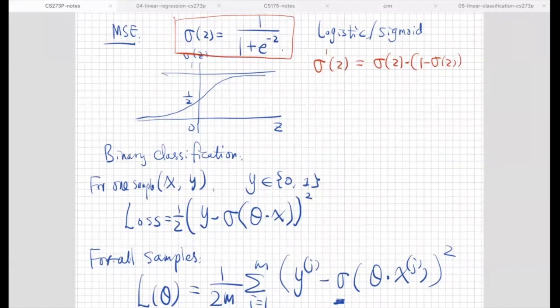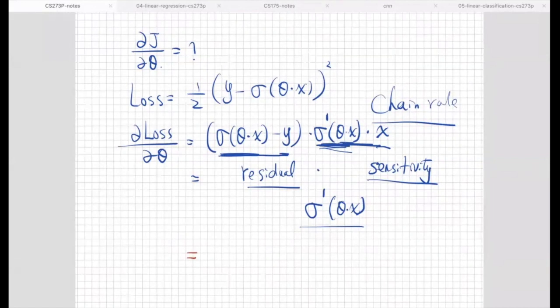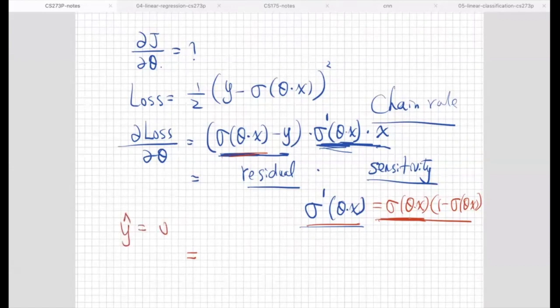If you use this fact, what you get in the end is this: the derivative is simply sigma(theta x) times 1 minus sigma(theta x). If you already calculated the sigmoid function response, you can treat it as your prediction. Let's call it y hat, a softer version of my predictions. Then this gradient is simply equal to the prediction minus your target value, times y hat times 1 minus y hat, which came from the sigmoid derivative, and times the input x.